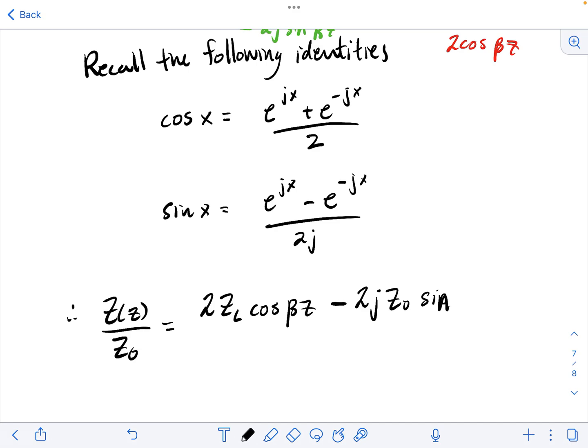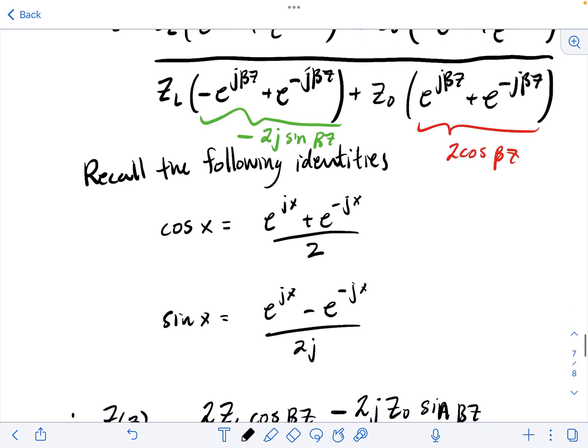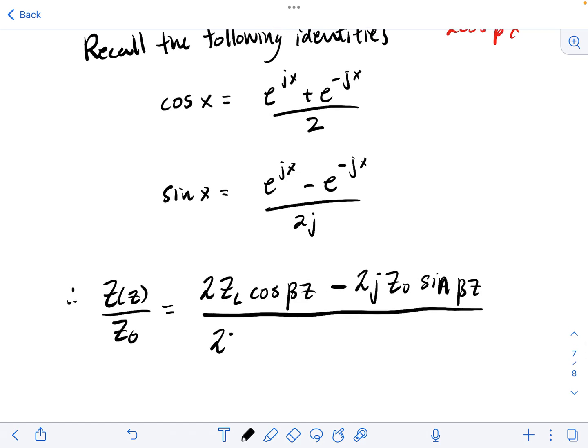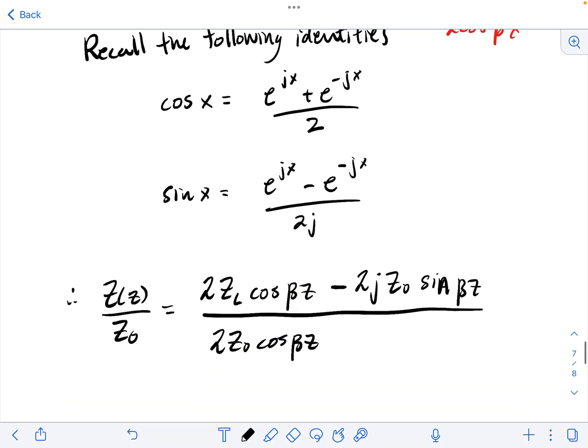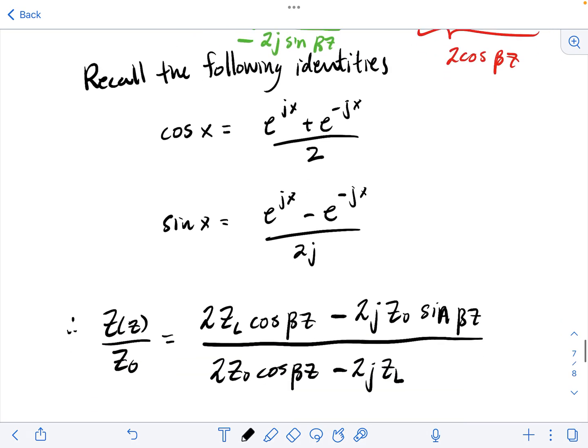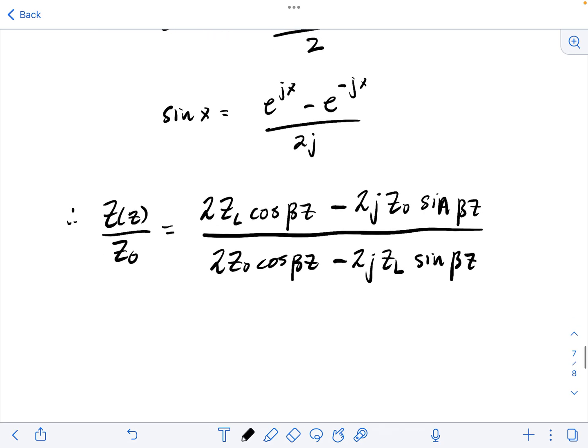And then in the denominator, let's write the cosine term first: 2Z0 cos beta z, and then minus 2jZL sine beta z. Okay, good. So there are lots of factors of 2 that we can cancel.